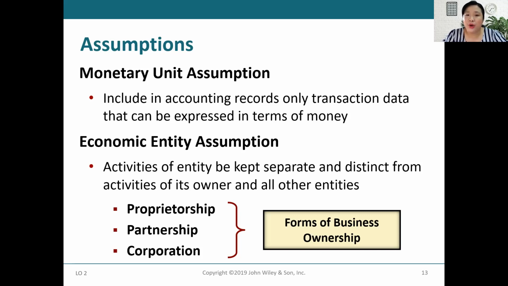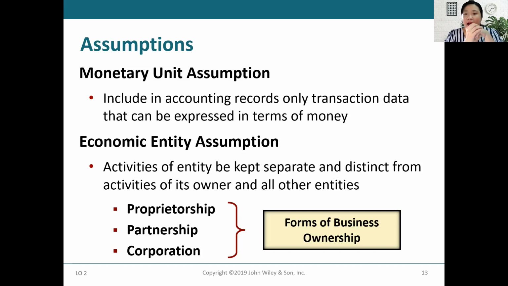Now let's look at the economic entity assumption. The economic entity assumption says the activities of an entity should be kept separate and distinct from the activities of its owner and other entities. So the activity of the company should be separated from the activity of the owner.